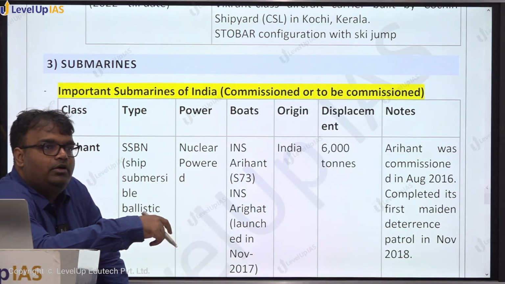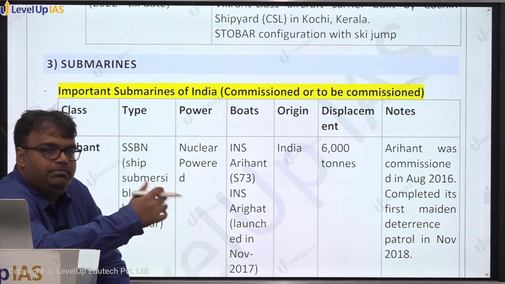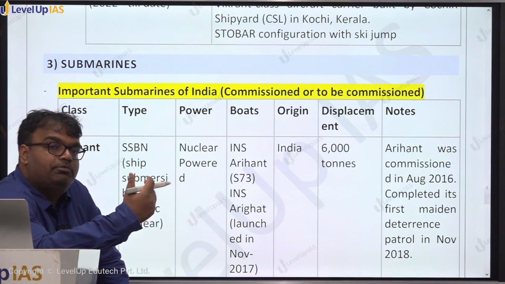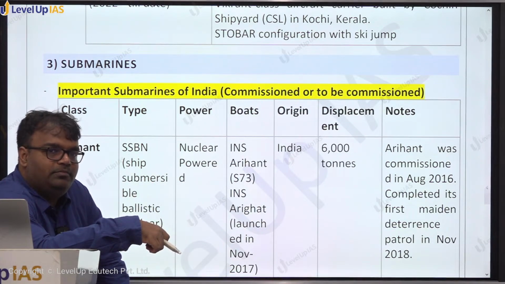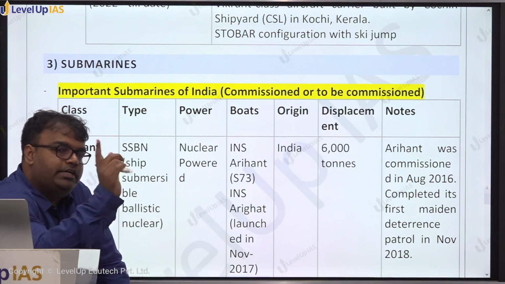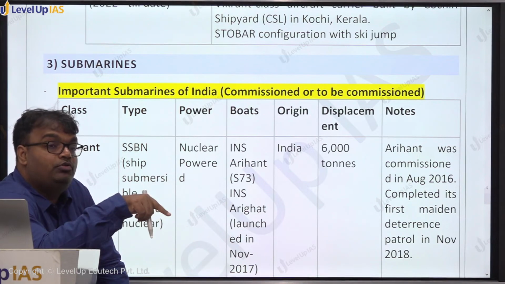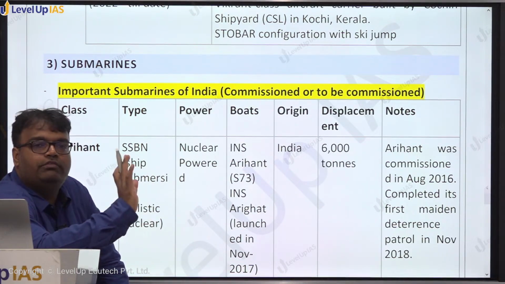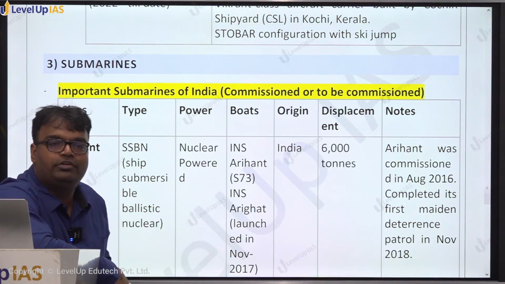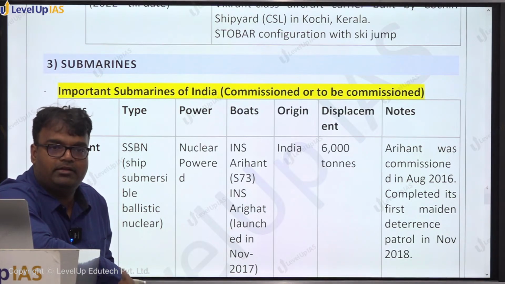Let's say you have a submarine which is somewhere in the Indian Ocean. Enemies do not know where it is, and it is capable of launching a ballistic nuclear missile. China will never attack India. Why? अगर China India पे nuclear weapon से attack करता है, मान लो it identifies India में इन जगह पे nuclear weapon है, मैं वहीं पे attack कर देता हूं, they will not be left with capability of attacking India back or attacking China back.